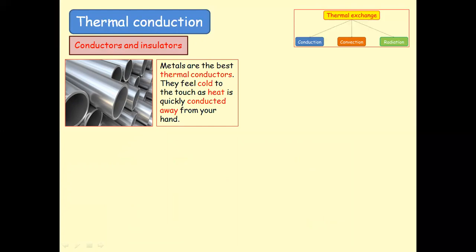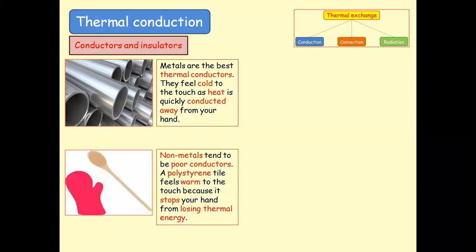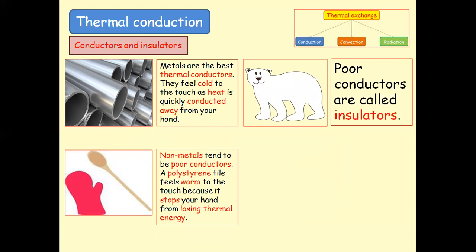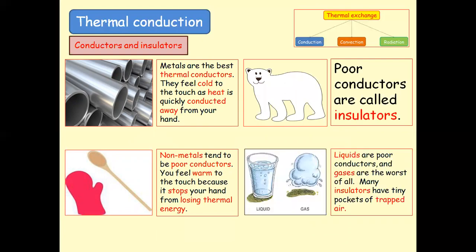They feel cold to the touch as heat is quickly conducted away from your hand, while non-metals are poor conductors, bad conductors. When we touch them, they feel warm, since there is no thermal energy transferred quickly from our hands to the non-metal. We can also name poor conductors by another name, which is insulators.